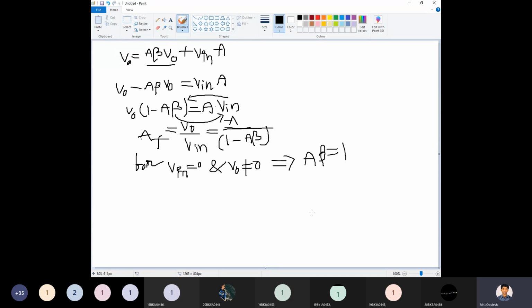So in polar form, A beta is equal to 1 at an angle of 0 degrees or 360 degrees.